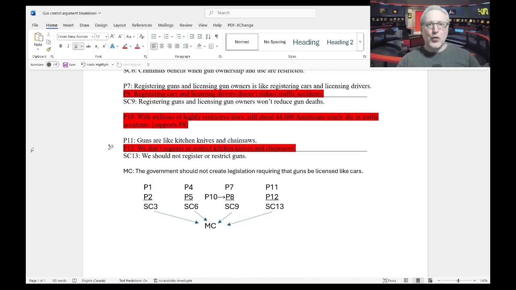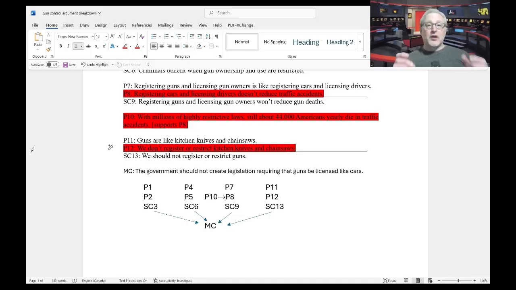Guns are just for killing people. I mean, people also use guns for hunting, but really, this whole debate is about handguns, pistols, the kind that you can carry around concealed. Nobody walks around in public carrying a shotgun. That's not what the argument is about.